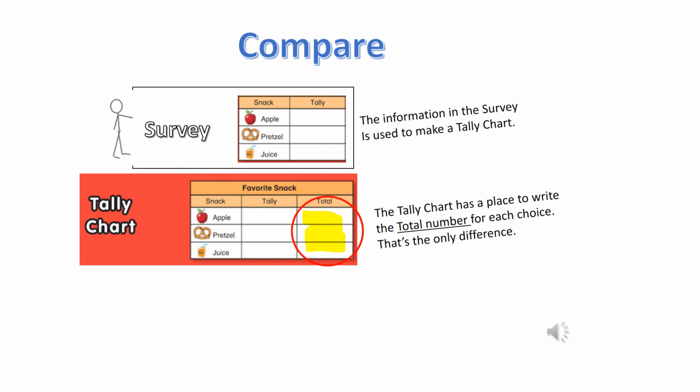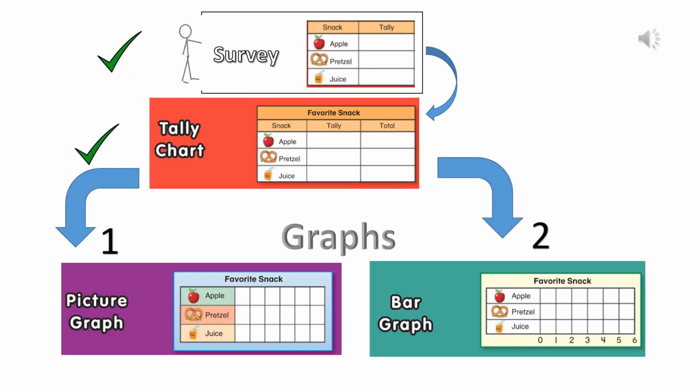The tally chart has a place to write the total number for each choice, and that's basically the only difference. So we've taken a look at the survey where you put your tally marks. We've taken a look at the tally chart where you write the number that matches the tally marks.